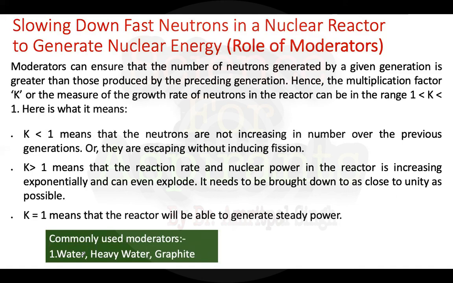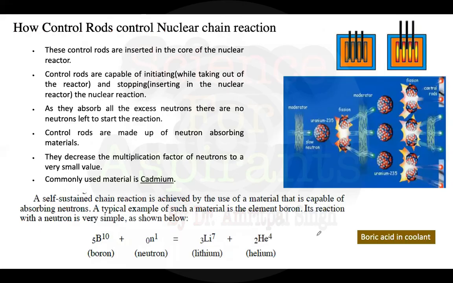Since the extra energy is absorbed by these moderators, the water temperature becomes very high. That's why most nuclear reactors are assembled near the sea or a big river, where we can use that extra amount of water to release the extra energy which is absorbed from these neutrons.